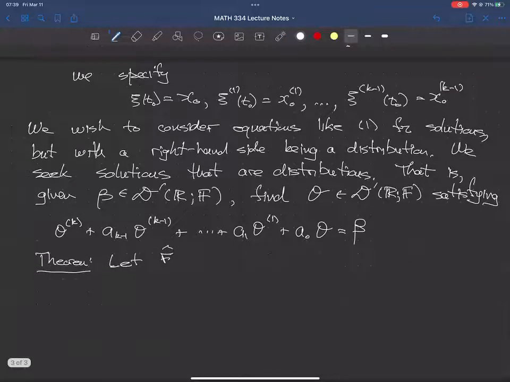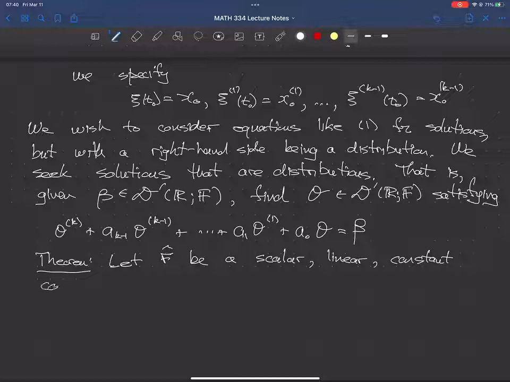Let F hat be a scalar, linear, constant coefficient ODE.